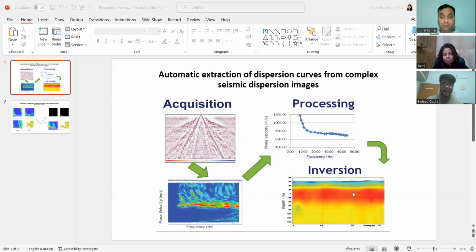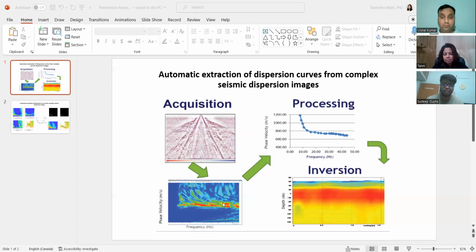dispersion images. And this is where my work came in. So getting from the dispersion image to the part where we get the frequency-velocity curve, which you can see below, that is a tough process. Not just because it is done manually, because there is no software to do it.